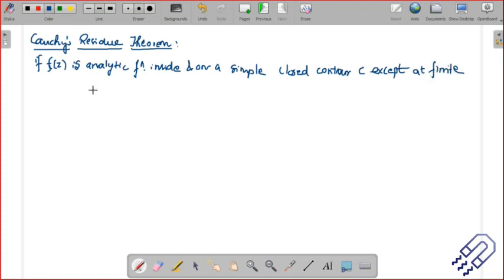I ask you to recall Cauchy's theorem. Except at a number of poles, we'll see what a pole is, but I think we already know it. These poles are singular points.